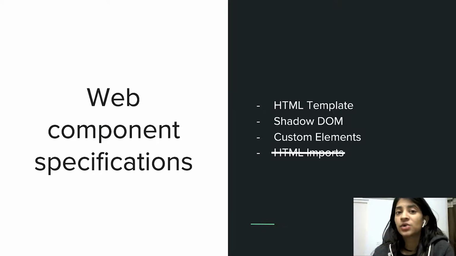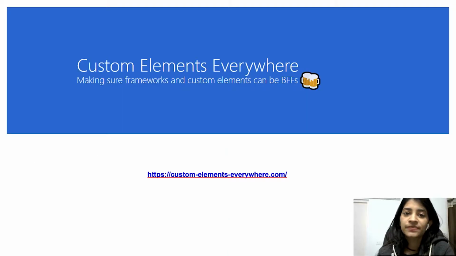The browser needs to understand what this custom element is and what it should basically show when you are rendering that in the DOM. So HTML imports, now it was mainly about importing documents within documents, and due to problems like multiple imports and the priority of those imports, it was not supported by all the browsers, and it's not anymore a web component specification.